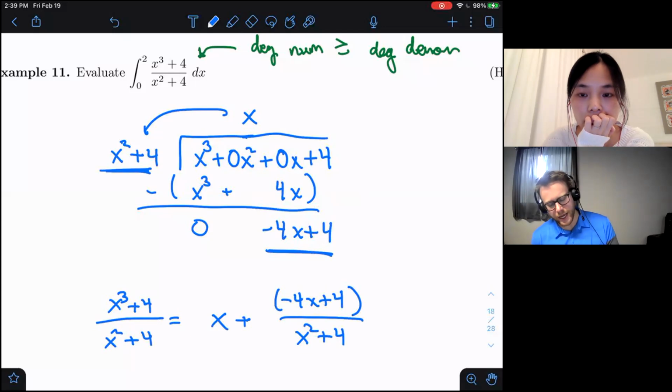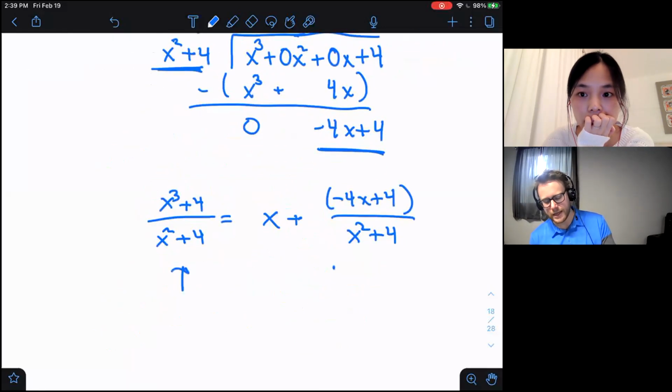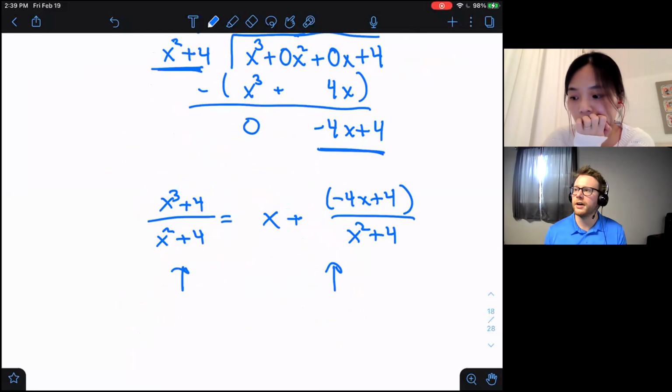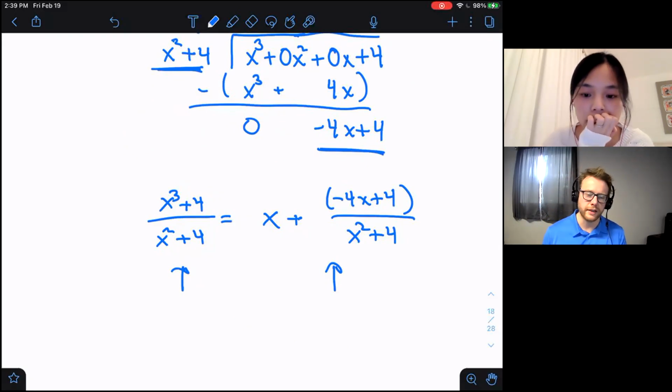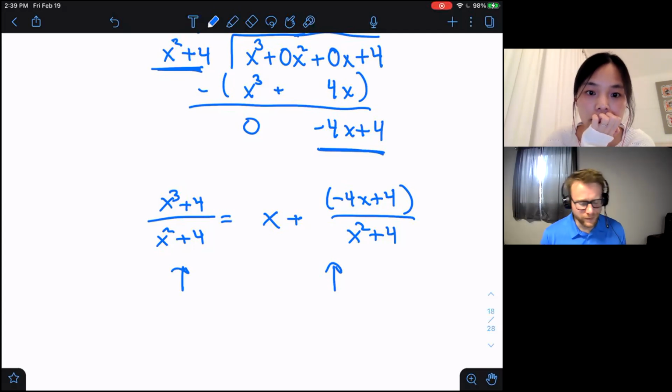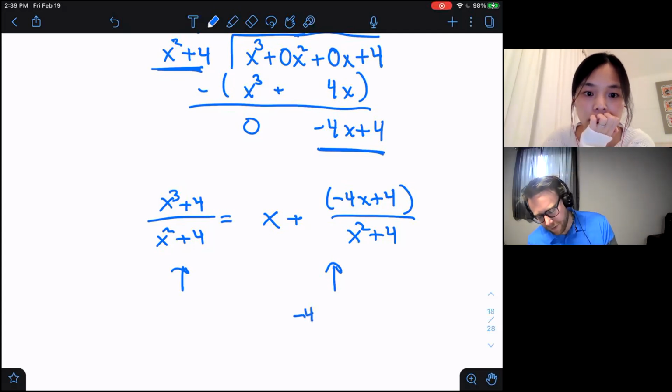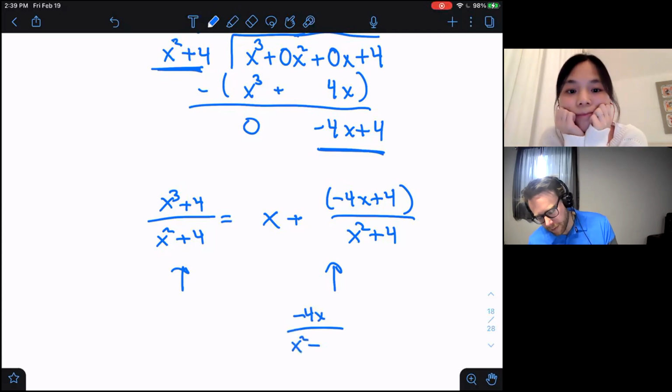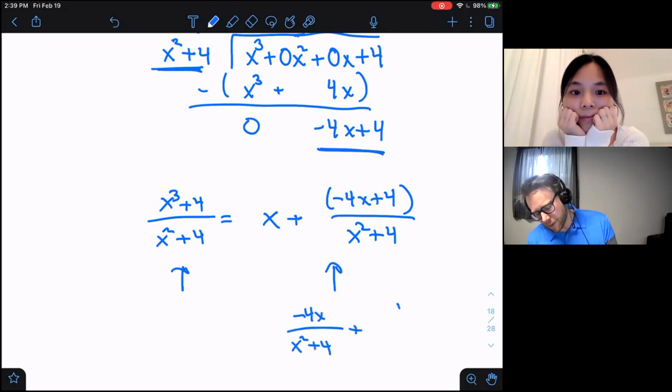If you want to integrate the left-hand side, that would be the same thing as integrating the right-hand side. Now you can break this up a little bit with the negative 4 and the plus 4. I'll do all of these steps before I post the solutions online. You can see there's going to be a part where you have to do u substitution, that's the negative 4x over x squared plus 4, and a part where there's an inverse tangent.